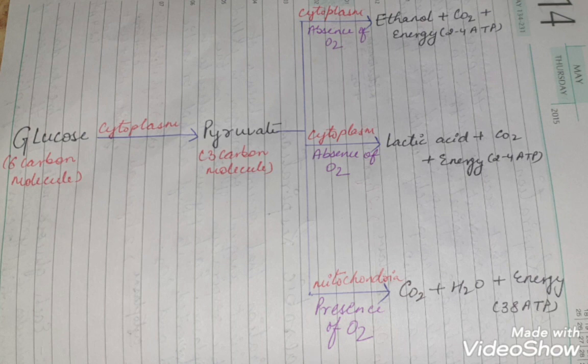Or the pyruvate is converted into lactic acid, carbon dioxide and energy. These two steps are known as anaerobic respiration, and if the pyruvate is pushed inside the mitochondria in the presence of oxygen, then this pyruvate will oxidize to form carbon dioxide, water, and lots of energy will be formed.